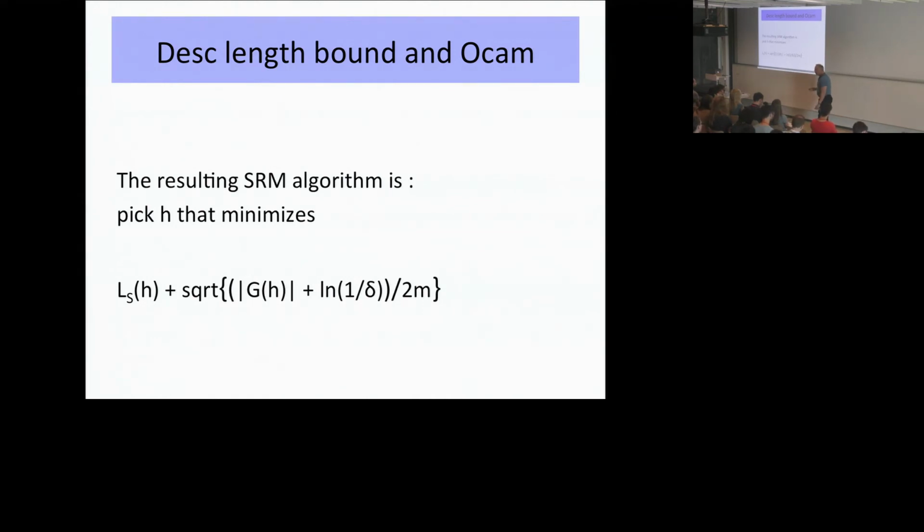And not only does it support Occam's razor, it also shows you something very interesting, because this bound holds regardless of what your description language is. So you can say, should I pick H1 or should I pick H2? Maybe according to some language 1, H1 is shorter. But according to a different language, H2 is shorter.